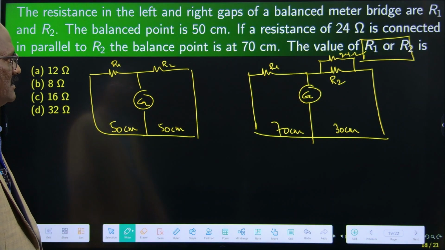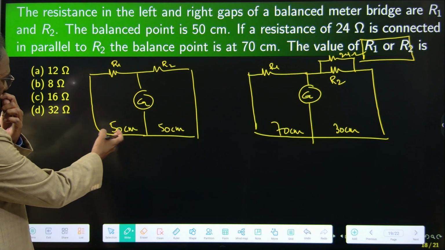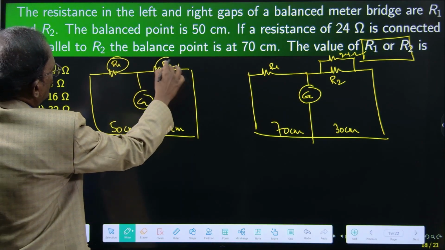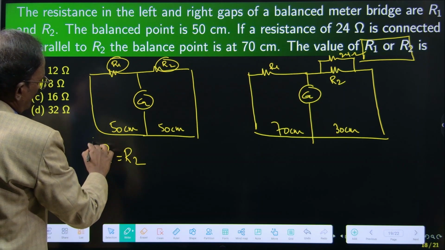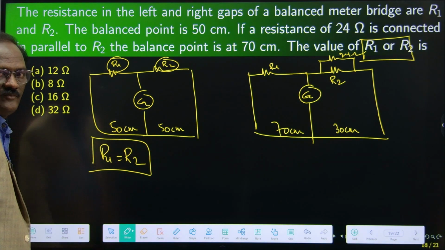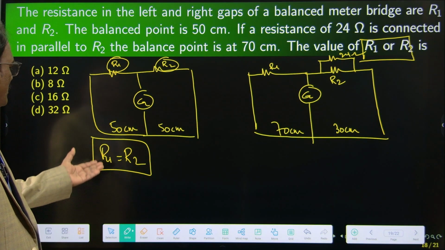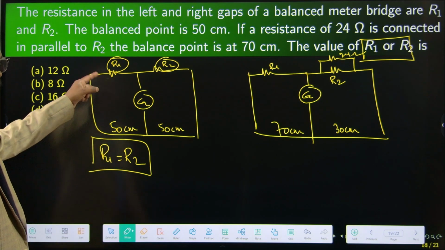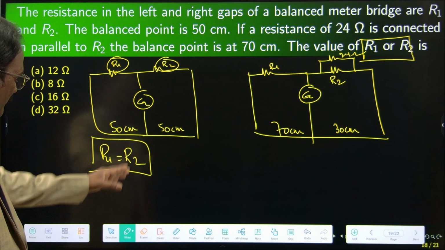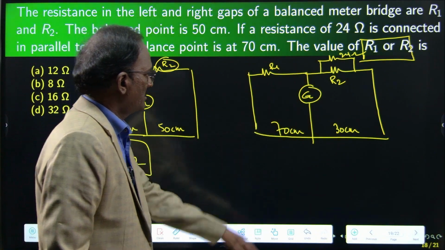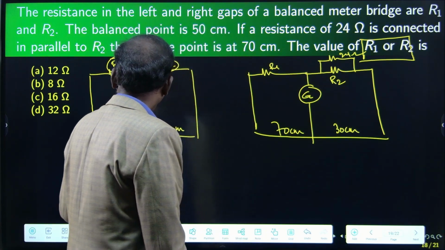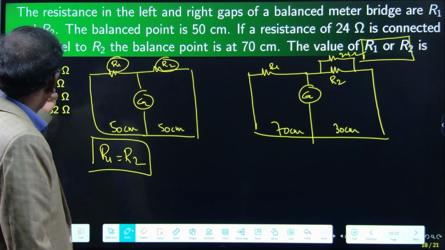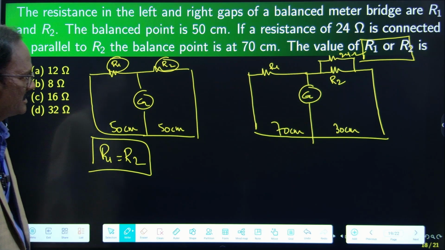So they have given the hint. Since it is 50 and 50, R1 must be equal to R2, isn't it? From case 1, it is understood that R1 and R2 are the same. So let us work the second case and find whether the R1 and R2 values are 12, 8, 16 or 32.